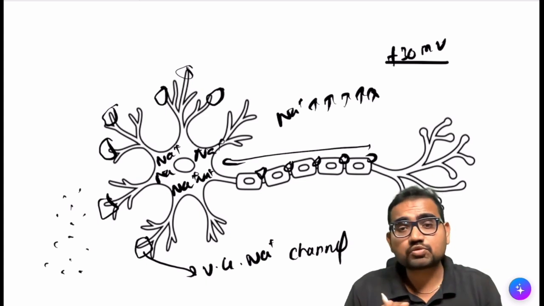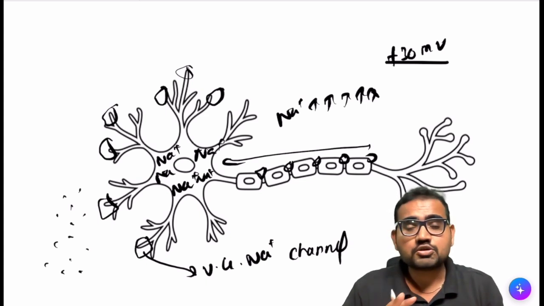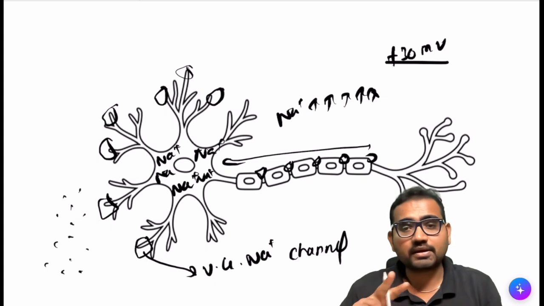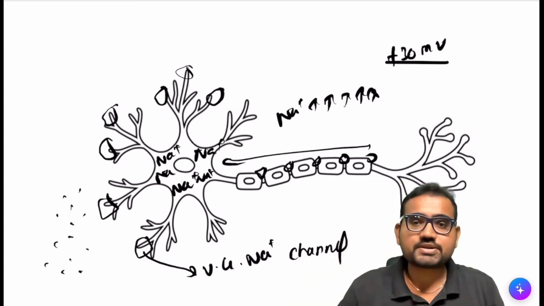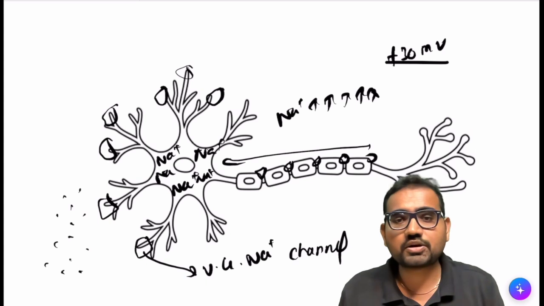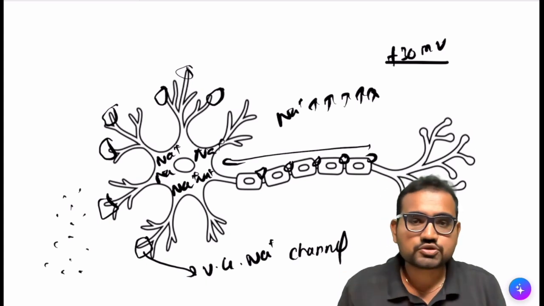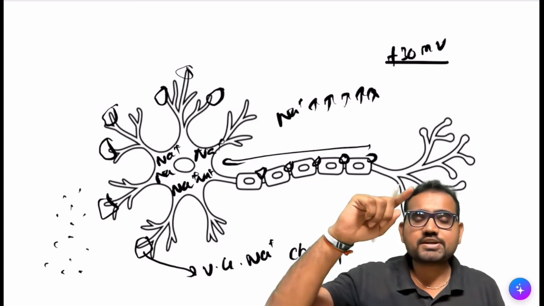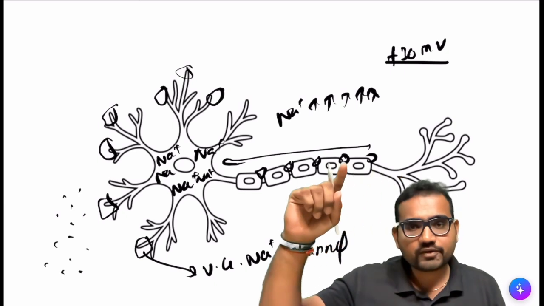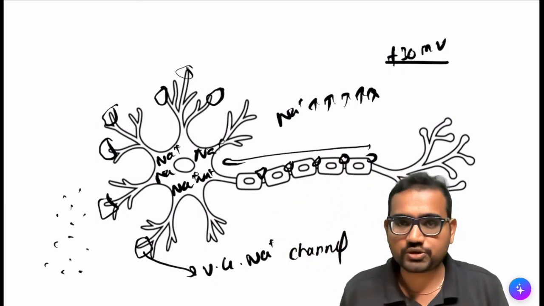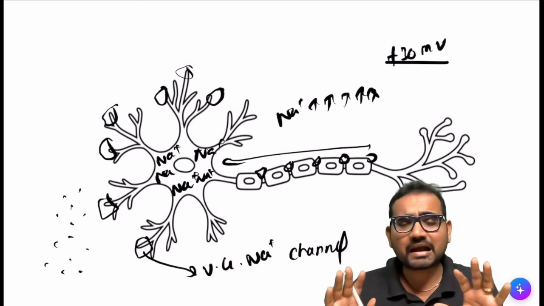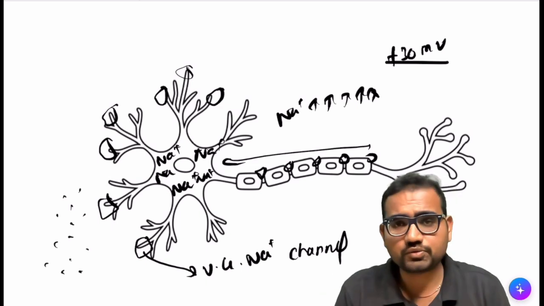At the same time, the sodium potassium pump is activated, so the sodium is taken out of the cell. The cell comes back to the resting membrane potential. That is called repolarization. So: depolarization, release of neurotransmitter, absolute refractory period, repolarization, and the nerve comes to the resting membrane potential. This is what is happening in a neuron.